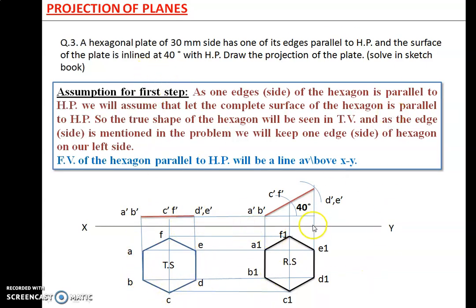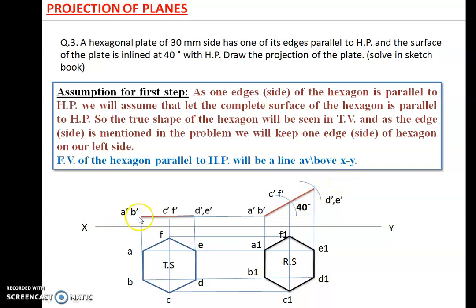Now we will go for the second step. Anywhere on this particular line, mark the first point a dash, b dash and draw a line which is inclined at an angle of 40 degrees.